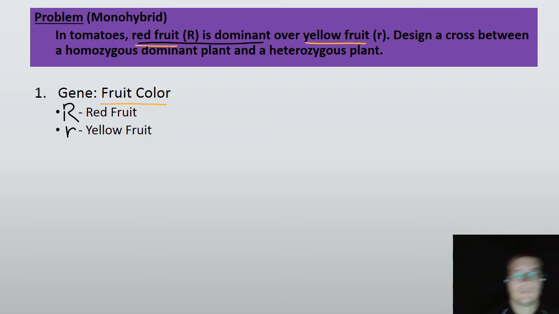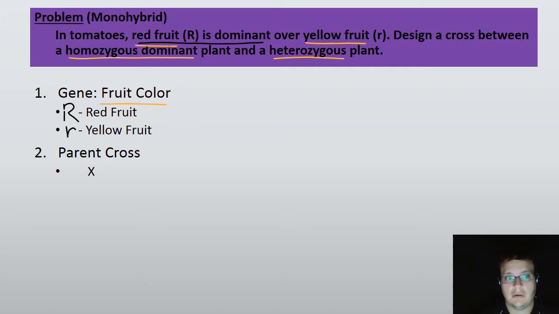After that, we design our parent cross. So that is going to be from the second sentence. And we can see we have a cross between a homozygous dominant and a heterozygous plant. So let's design our parent cross.